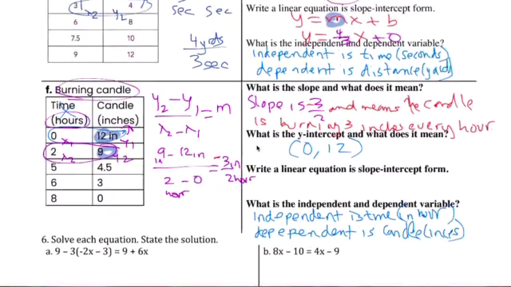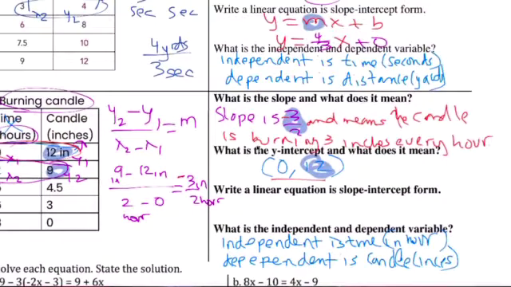The y-intercept starts with 0, it is 0, 12. So you use this number and this slope to write an equation in slope-intercept form: y equals negative 3x over 2 plus 12.